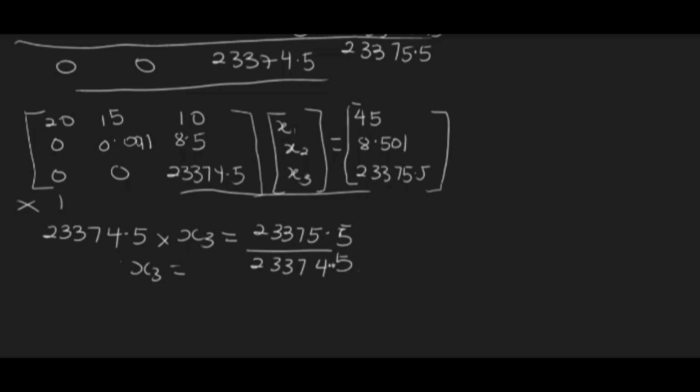So we do this simple thing, 23375.5 over 23374.5, and we are getting 1. So it's actually 1.0004.